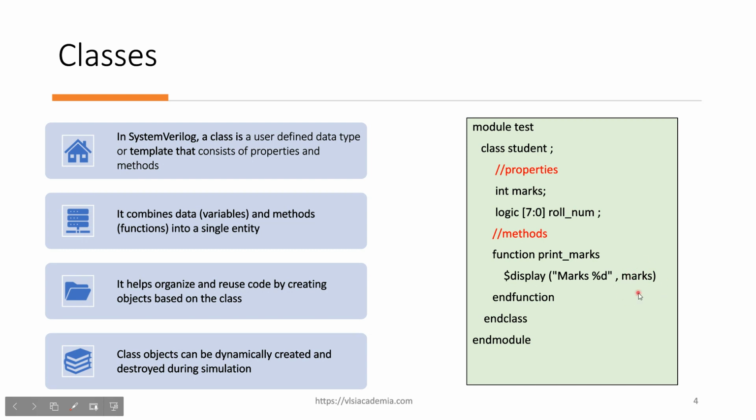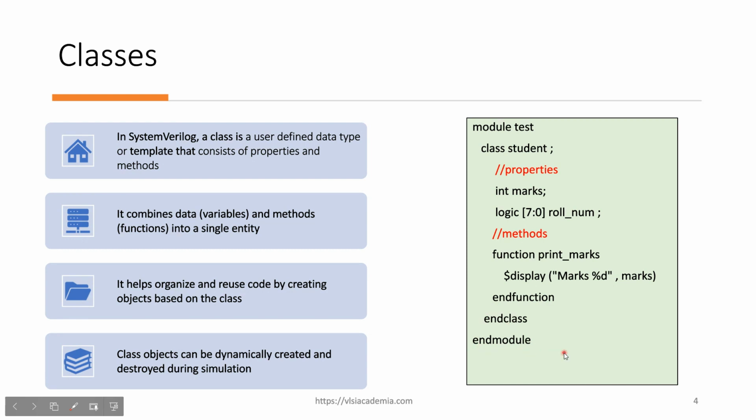We can define many other functions also for this class, like set the marks, get the marks, calculate percentage, and calculate average, and many other features which we want. And at the end we will define endfunction, endclass, and endmodule.